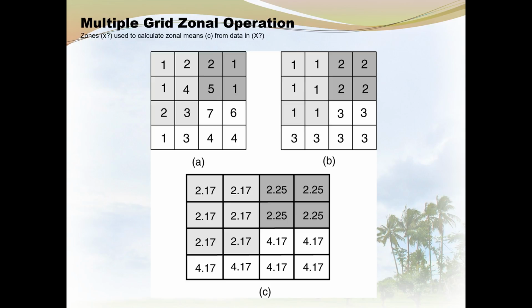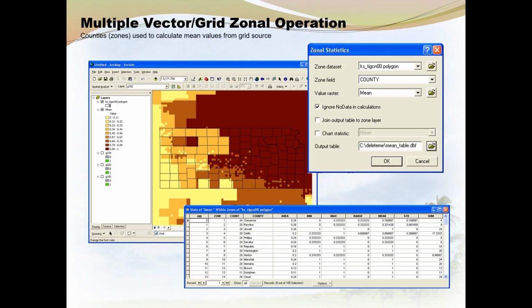Yes, so this is 3, 9 plus 9 plus 6 is 15, and 6 and 3, 9 plus 8, 17. Oh, 17 divided by 8. Okay, you get 2.25. Yep, 17 divided by 8, yeah, 2.25. Okay, so that's the example in Kansas that they do for the zonal operation.